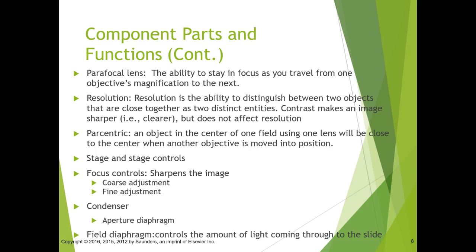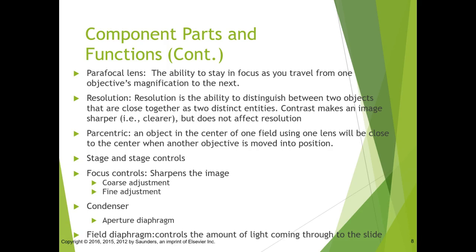You want to be able to go from magnification to magnification without having to refocus. That's parfocal ability. The next term is resolution. Resolution is the ability to distinguish between two objects that are close together as two distinct entities.